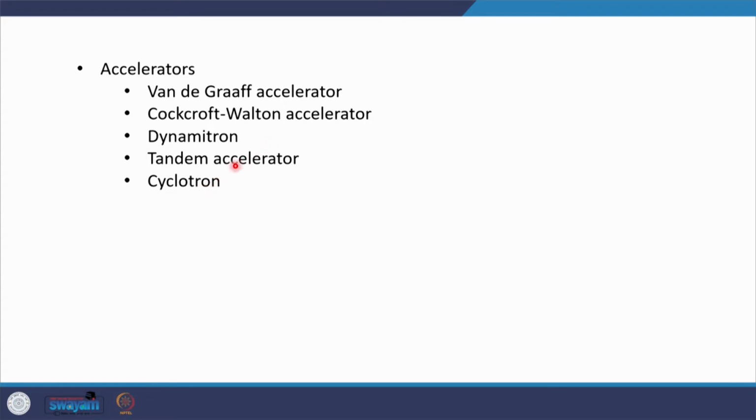The details of these accelerators are available in many textbooks.